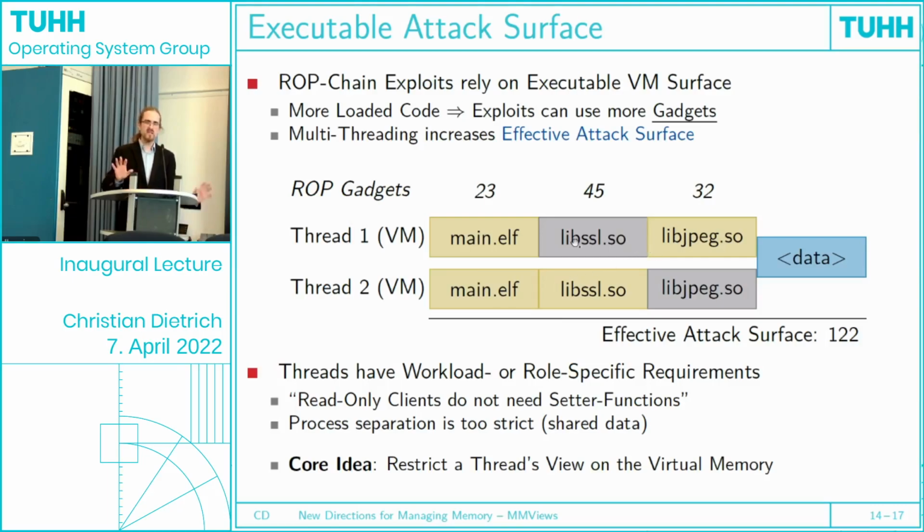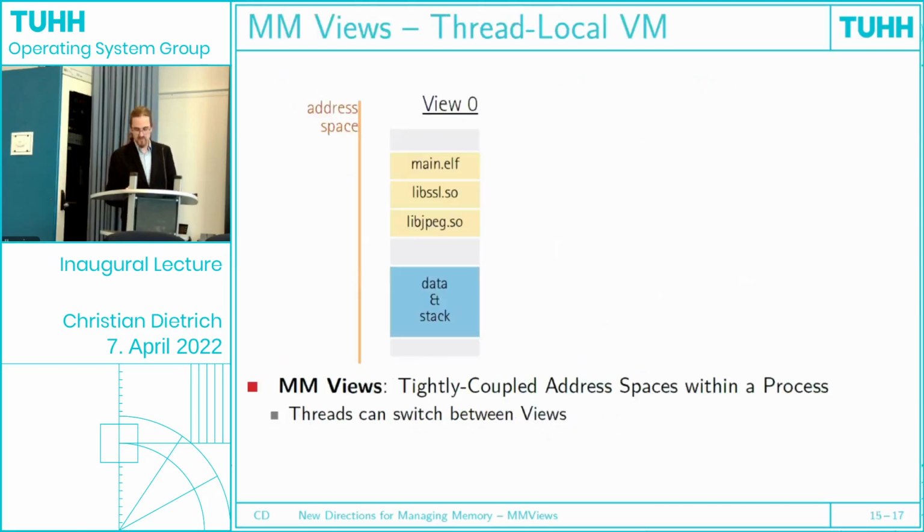It would be nice to make that SSL library invisible for this one thread. So the core idea is that with our MMUs, we put a pair of glasses on every thread, so that the thread only sees those parts of the virtual memory that are important for it. Thereby we restrict the effective attack surface.